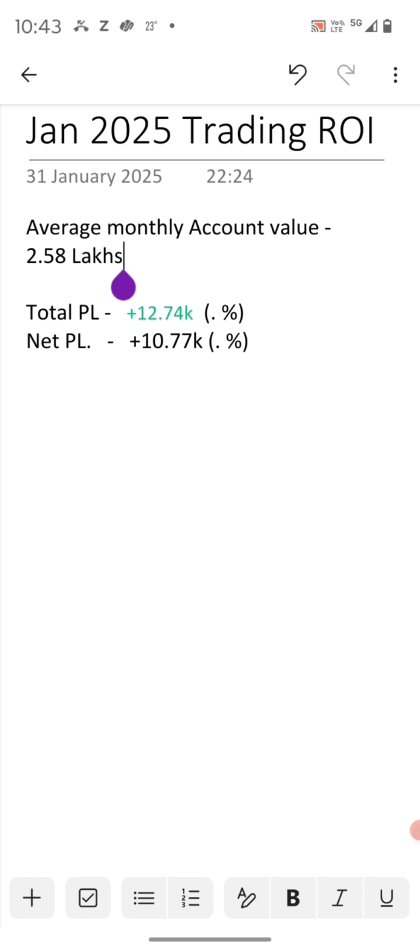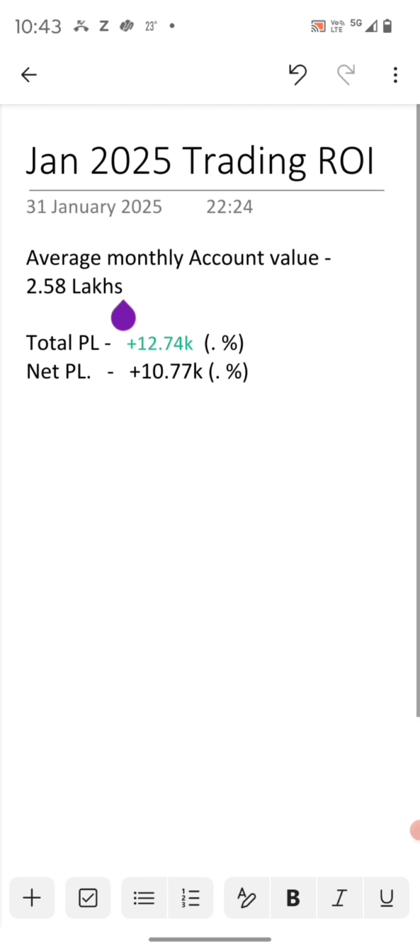They will calculate the average standing balance or average opening balance or closing balance as of the day ending, and they'll take an average of that. They'll calculate the closing balance and they'll take an average of that over a period of time. So in the same way, we will calculate what is our average total account value, and against that, how much money we made on an absolute basis and on a percentage basis also.